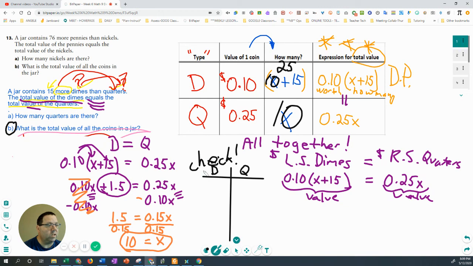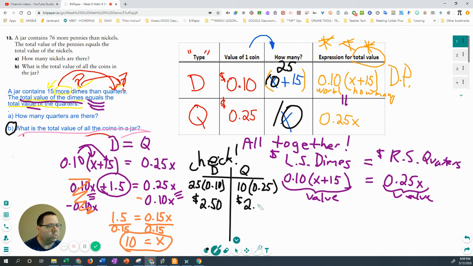If I supposedly have 25 dimes, and they're worth 10 cents, don't I have really $2.50? And over here on the other side, in contrast, I only have 10 quarters. But 10 quarters, remember, obviously quarters are worth more. They're worth 25 cents. Look what I have. I have $2.50.